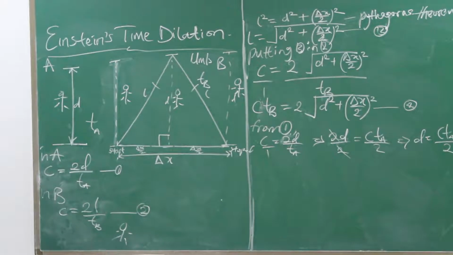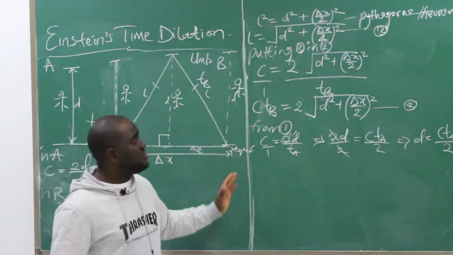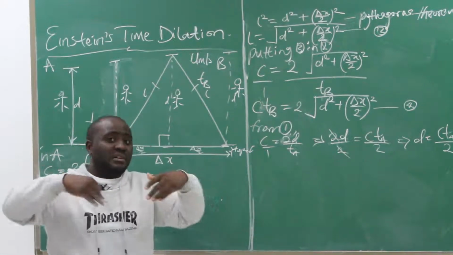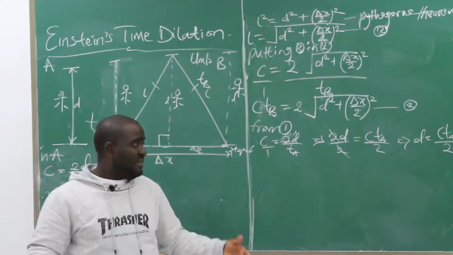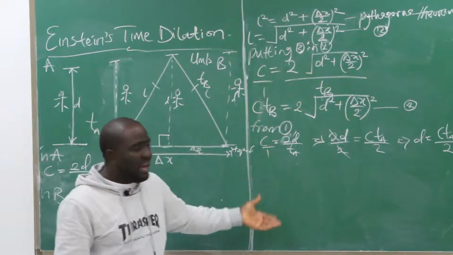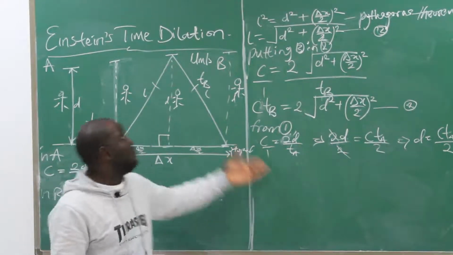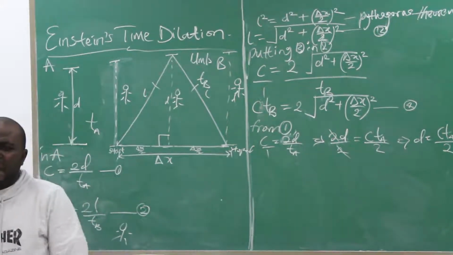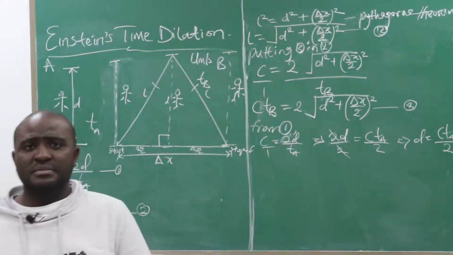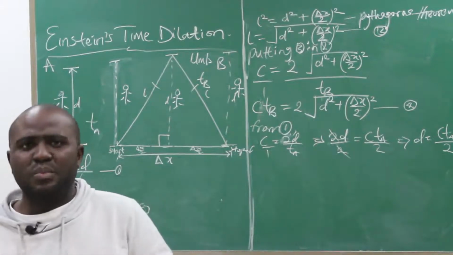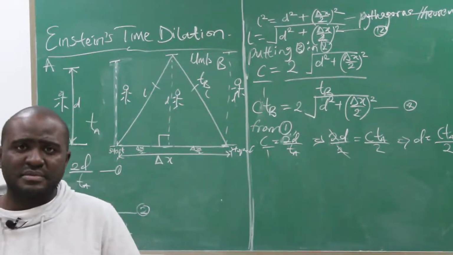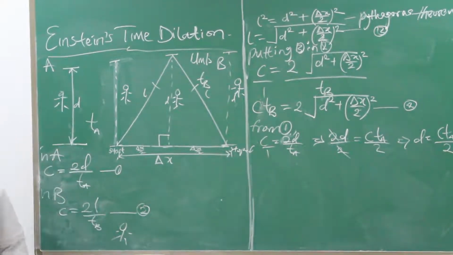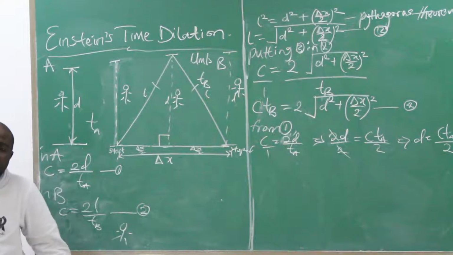But here I'm trying to show you, like many people have shown before in different videos on YouTube and everywhere, that this is what Einstein did and came about what we call time dilation. That what we call time, as soon as you begin to move, you interfere with the flow of it for you. You see? Now this is something so profound that we didn't know before now, before Einstein.